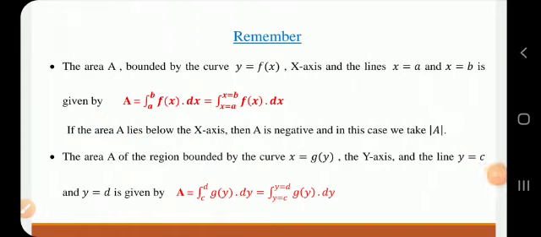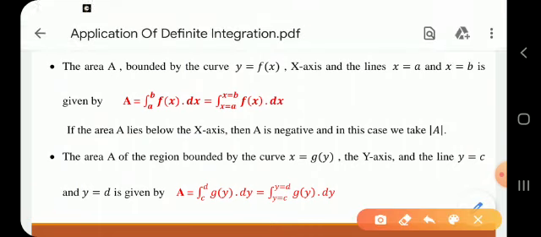Now remember 2 points again. The area A bounded by the curve y is equal to f of x, the x-axis, and the lines x is equal to a and x is equal to b, is given by this formula.